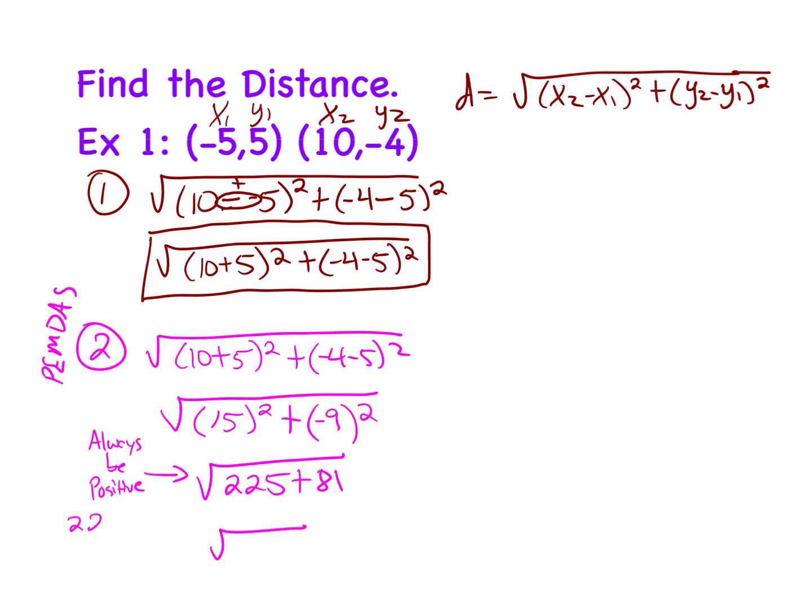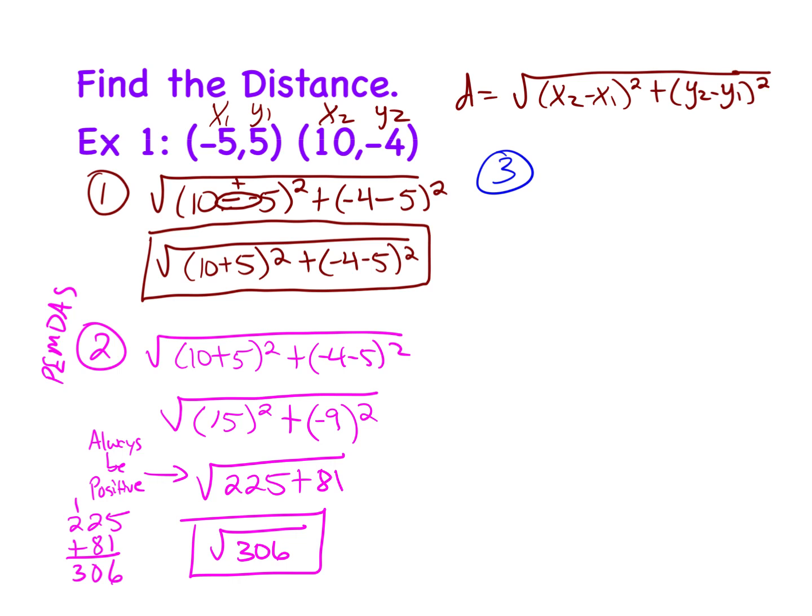So we're going to come over here to the side. 225 plus 81. What's 1 plus 5? 2 plus 8? Carry the 1. 2 plus 1? What is it? 3. 306. Second step is done.